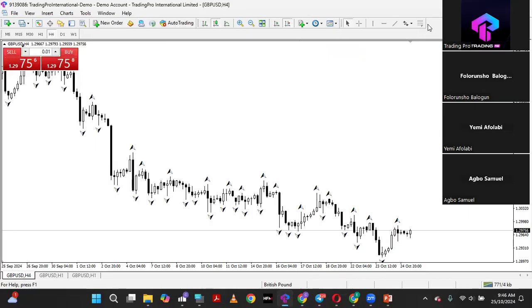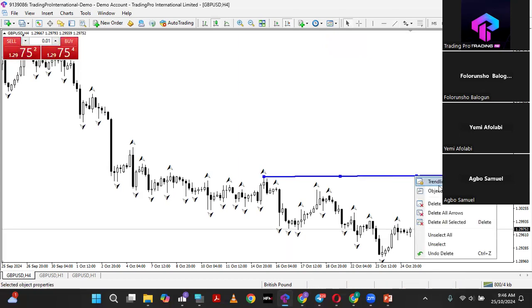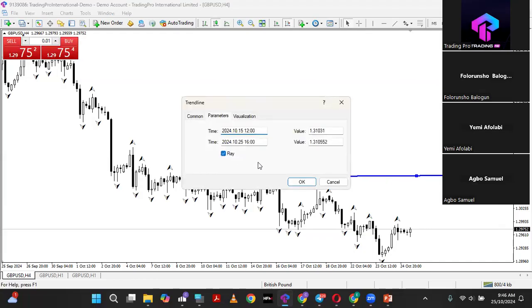Because swing highs and swing lows are levels made by the market that tell you where there was something like maybe a rejection or something like a support from.